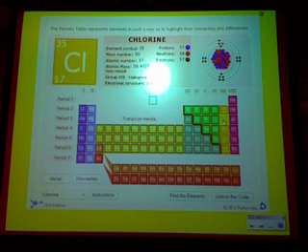Now, what do you think is going to happen if you're in, let's say, in the middle here? Let's say like groups 4 and 5. You got 4 or 5 valence electrons. What are you going to want to do? Gain or lose? Not gain, not lose, but what's the other possibility?